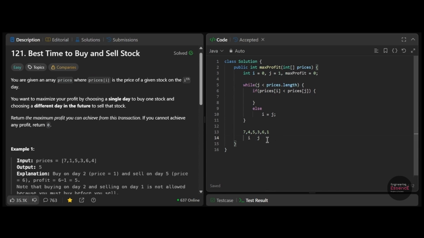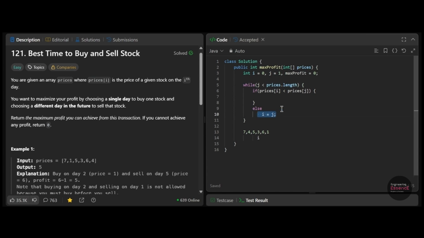So we will not keep it as this, because if we get the smallest price in the array, we have to pick that price for buying. So we need to pick this one directly, the buying price. That's why I am putting j where it is getting the lower value, directly putting the i value to j, so that we get the smallest buying price for the stock. So that's why I'm doing this.